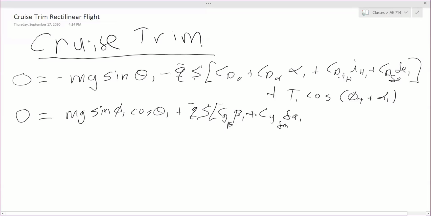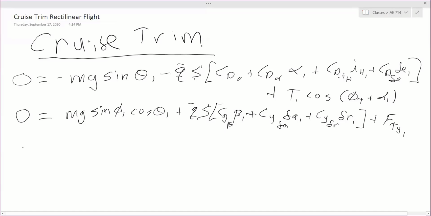There's the aileron side force. There's the rudder side force. And then any thrust side force we might have.